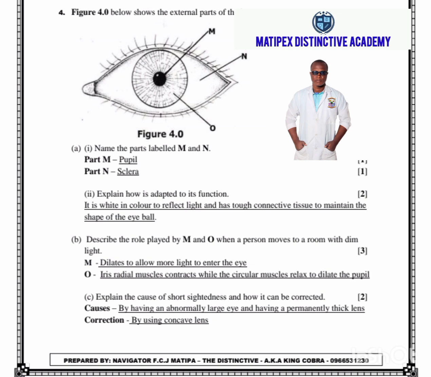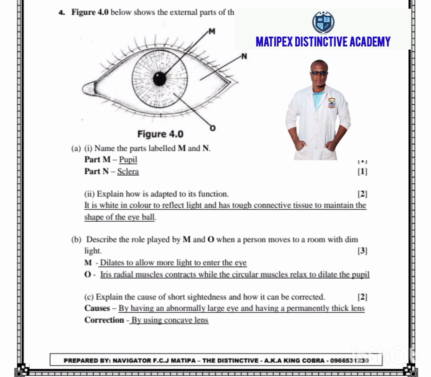So that whitish makes it possible to reflect, to bounce light back, because reflection has to do with bouncing. And it also has a tough connective tissue that maintains the shape of the eyeball.